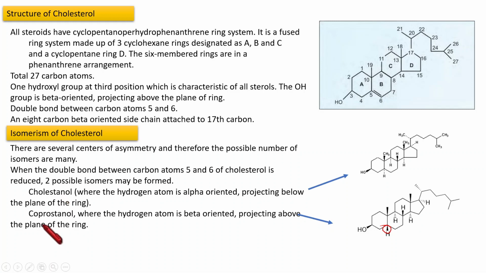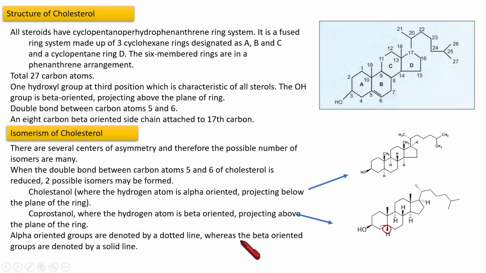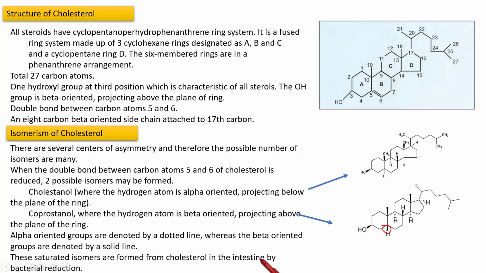Cholestanol and coprostanol form as the cholesterol gets digested in the intestine. How? With the help of some bacteria. With the help of some bacteria, as the cholesterol gets reduced in our intestine, these two isomers are forming.